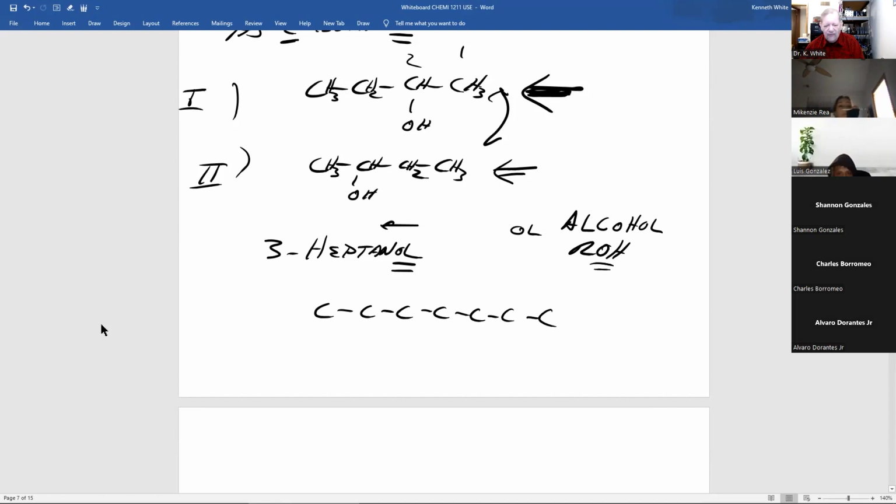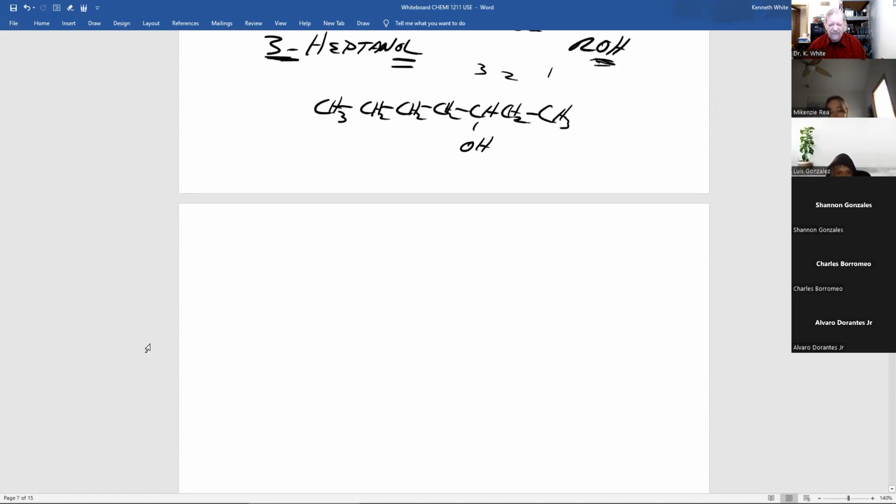And 3, 6, 7, got that right. And where's the hydroxyl group of the alcohol? On carbon 3. Remember, I'm going to start from this side. You could start from the other one. And there are 4 bonds to carbon. And there we have 3-heptanol.